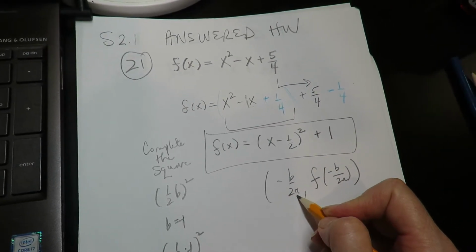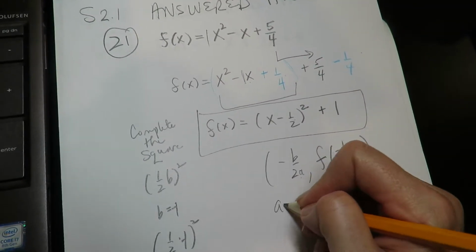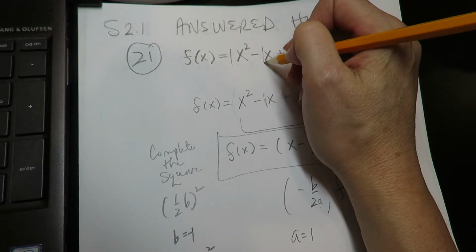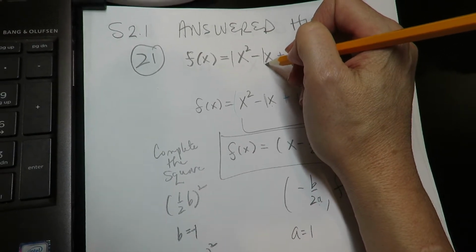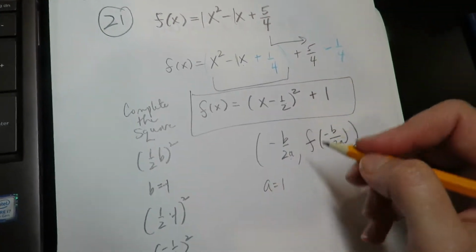So A is the coefficient of the leading term. In this case it's a 1. B is the coefficient of the linear term. So A is the coefficient of the quadratic term, B is the coefficient of the linear term.